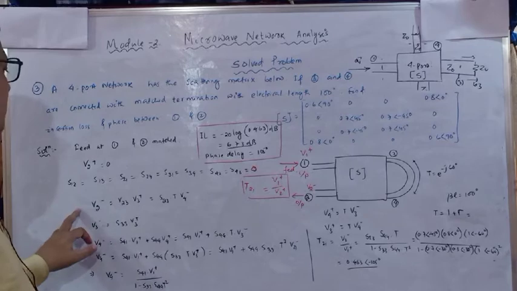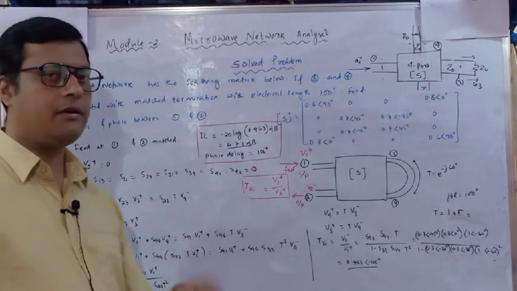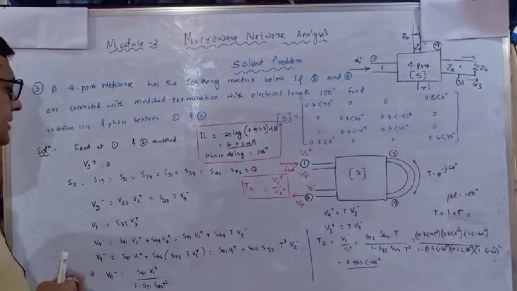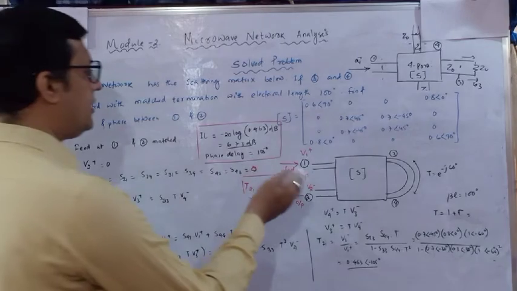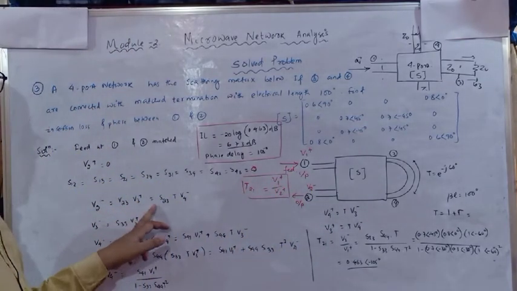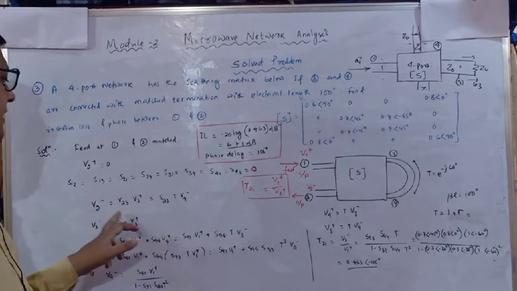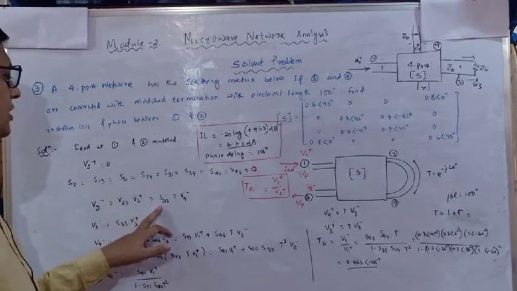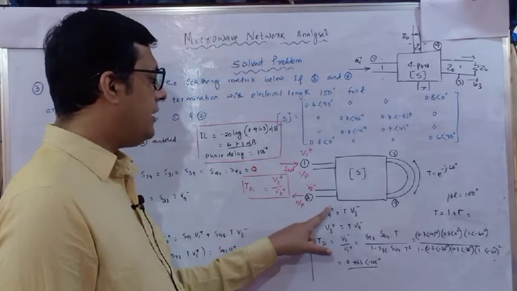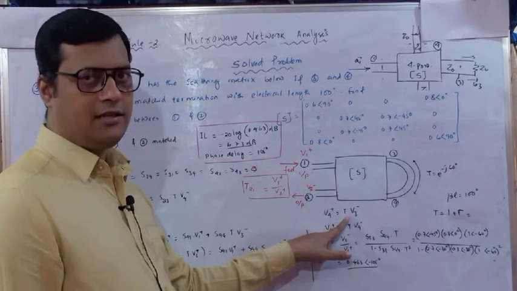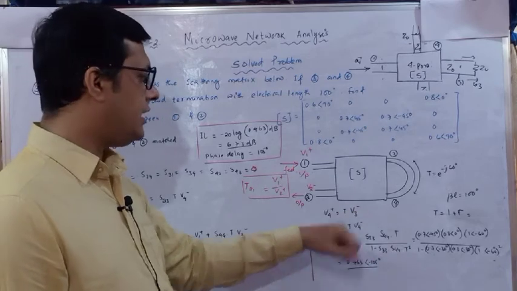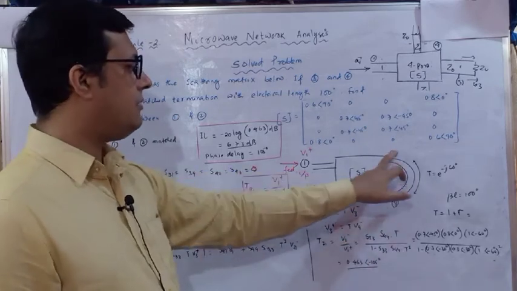Next, we have to form a relation between V2 minus and V1 plus. Here I have written V2 minus as the reflected wave. If I correlate with respect to ports 2 and 3, V2 minus is equal to S23 into V3 plus. Now in this figure you can see V4 plus is equal to the transmission coefficient into V3 minus, because there is a relationship between ports 3 and 4.